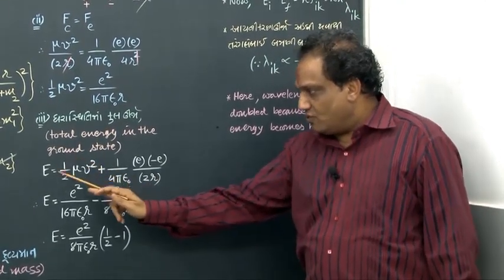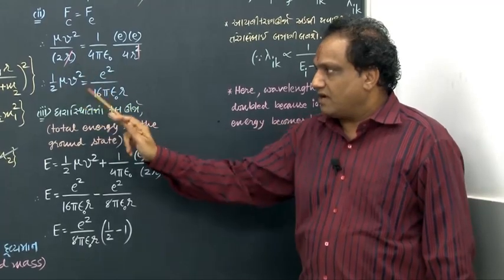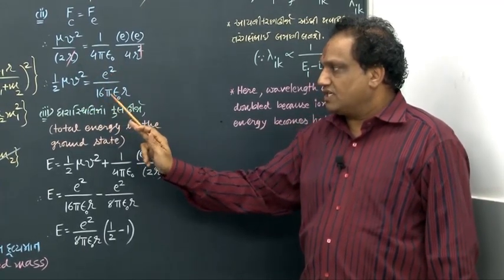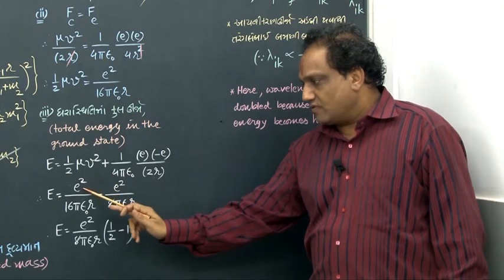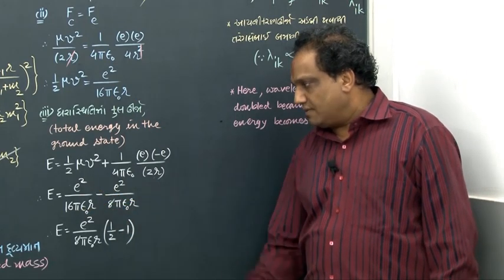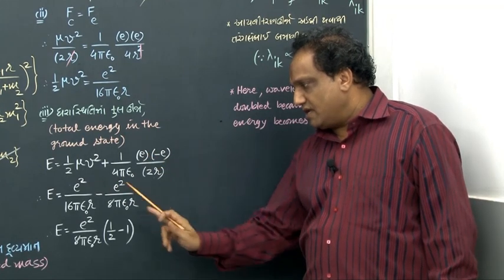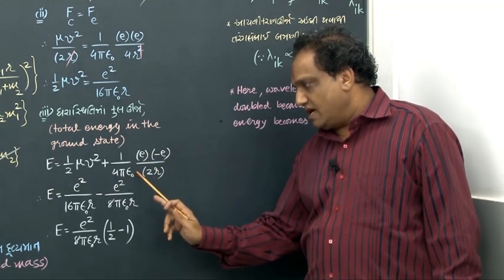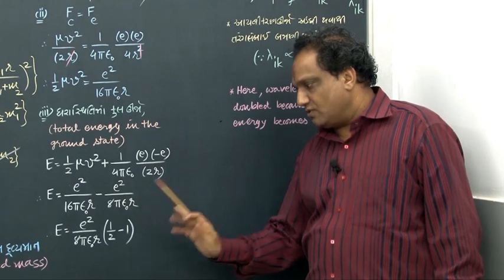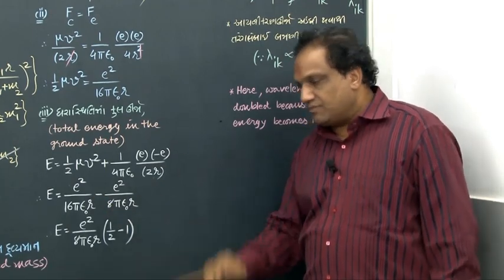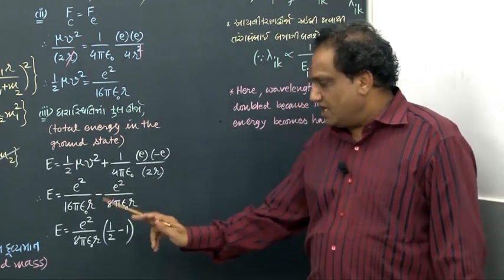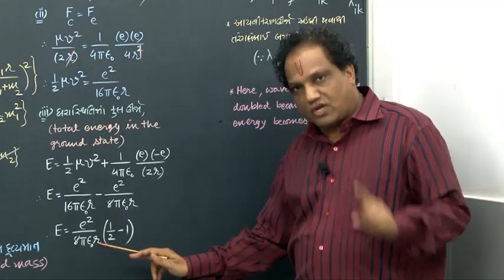Now tell me, the half mu v square formula we have kept ready: E square upon 16 pi epsilon 0 r, plus minus e into e, that is e square, upon 8 pi epsilon 0 r, correct. From these two terms, what part can you take common? E square upon 8 pi epsilon 0 r you can take common.